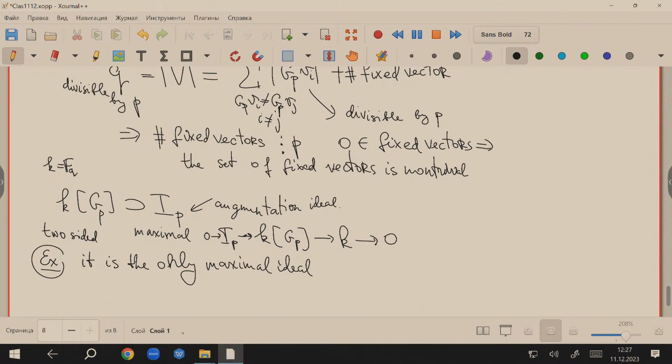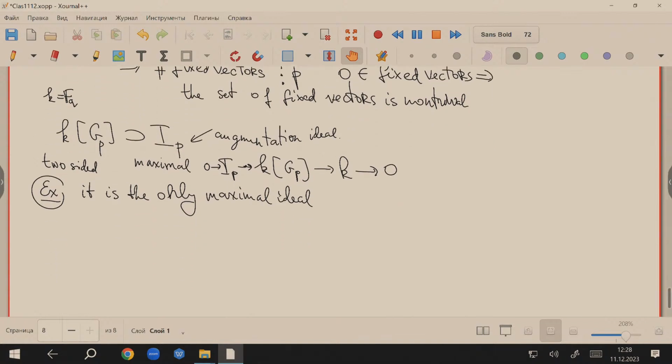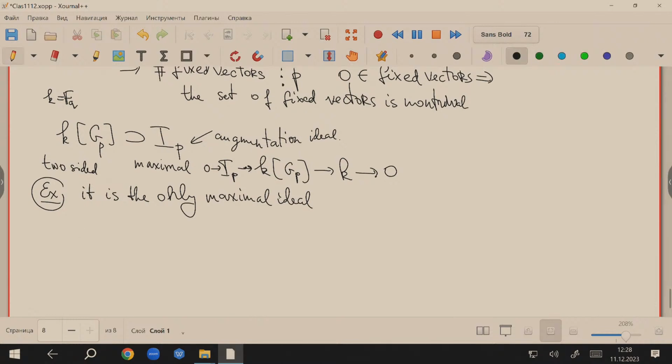Maximal ideals come from representations. You can consider the radical of K of GP.